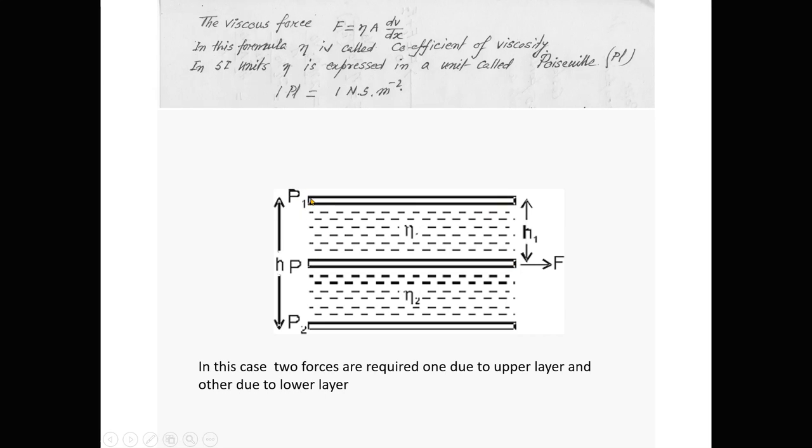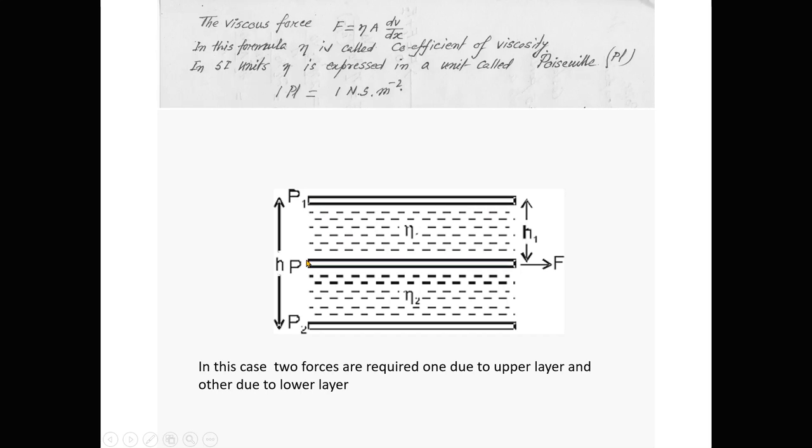The boundaries are given by P1 and P2. Actually, this is the cross section. The liquid is flowing along this direction, and the velocity profile will be like this.